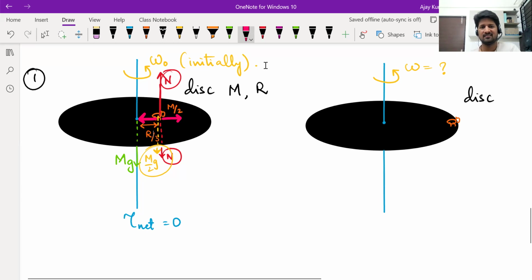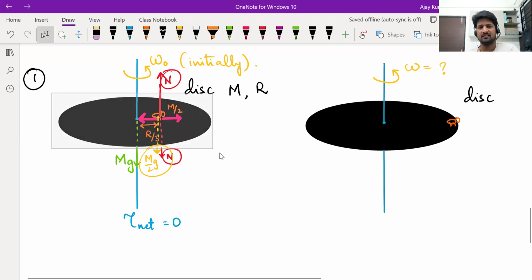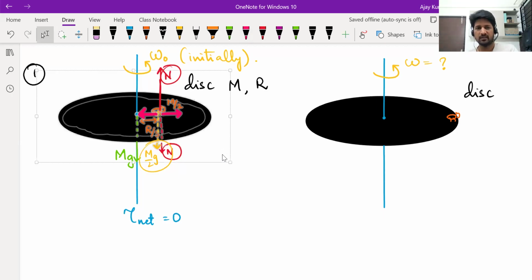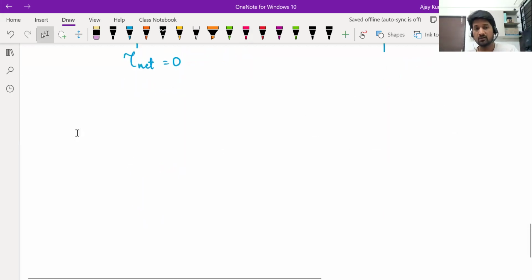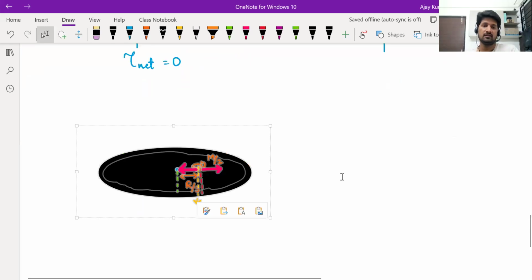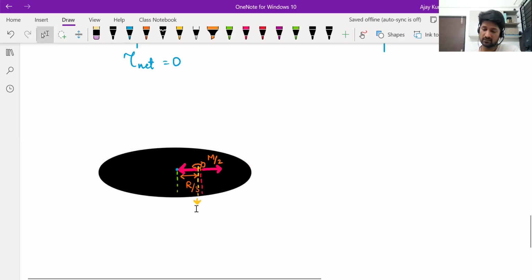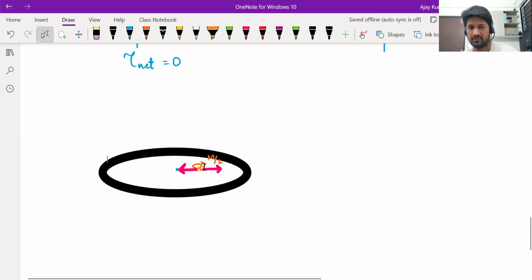But isn't the ant a part of the system also, sir? Okay, let it be. The whole system's angular momentum may be conserved. But why not only the disc? How can you say that only the disc's angular momentum is not conserved? Or is that also conserved?